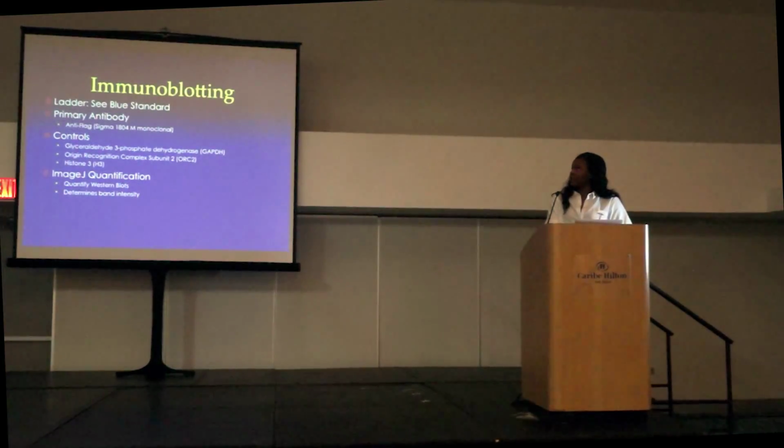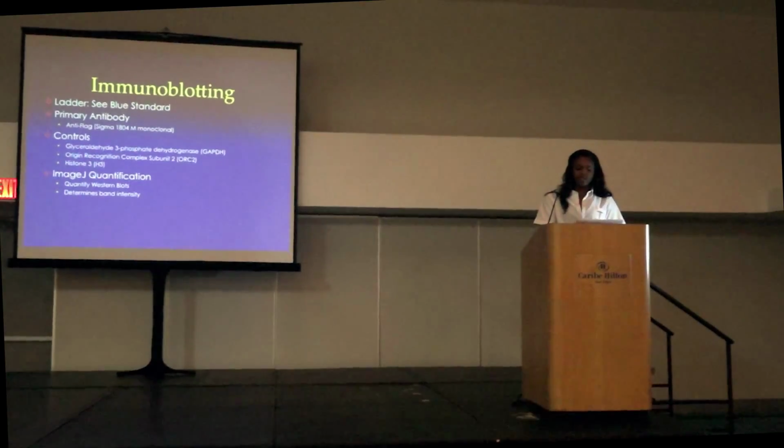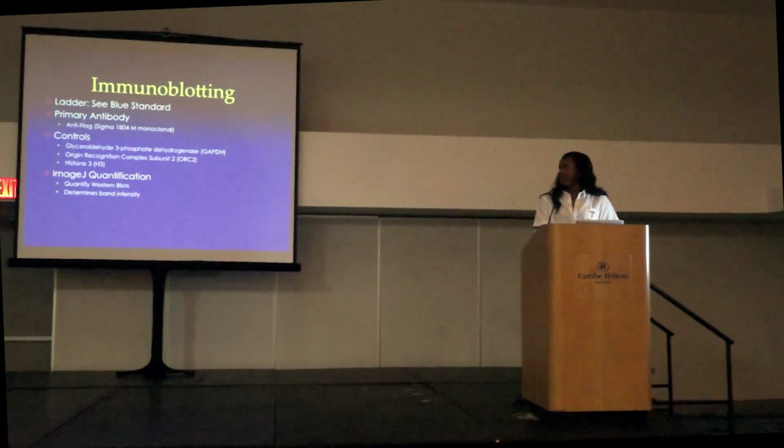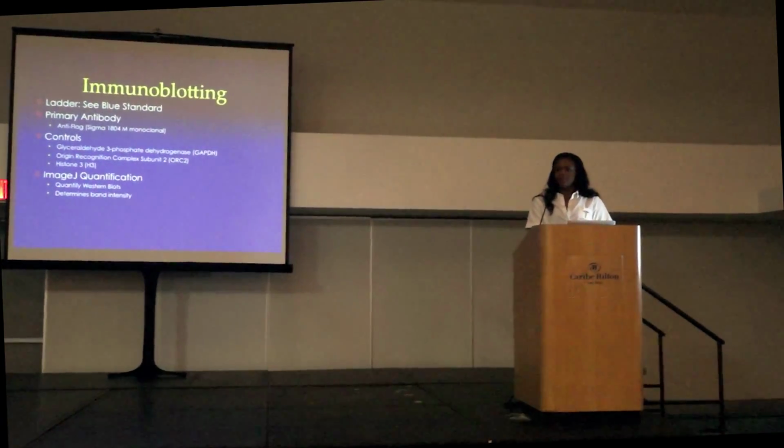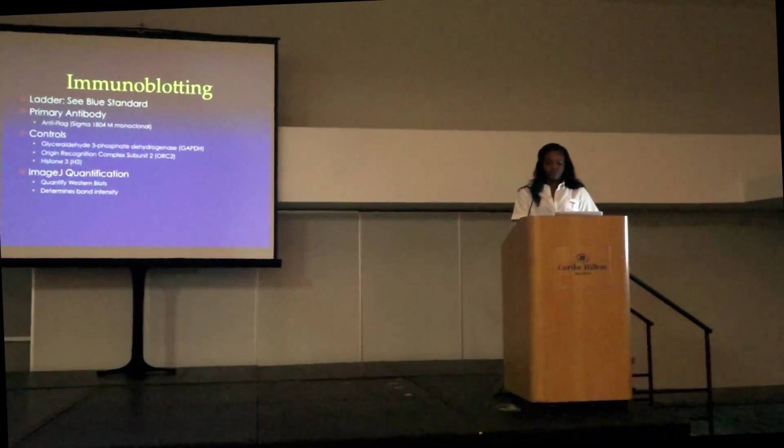We were able to separate the proteins by their size and detect their cellular localization using immunoblotting. Our primary antibody was anti-flag, and our controls were glyceraldehyde 3-phosphate dehydrogenase because it is known to be found within the cytosol, Origin recognition complex subunit 2, or ORC2, because it's known to be within the nucleus, and histone 3, or H3, because it's known to be chromatin bound.